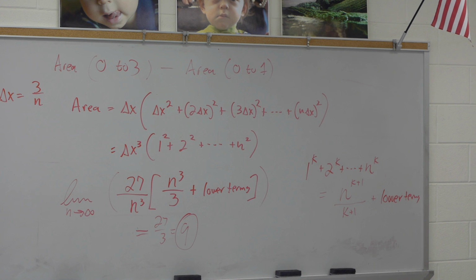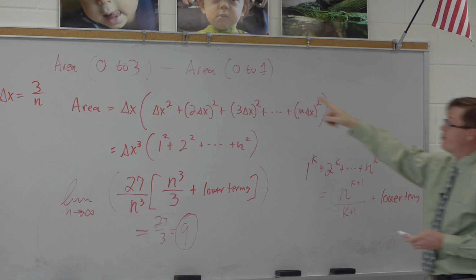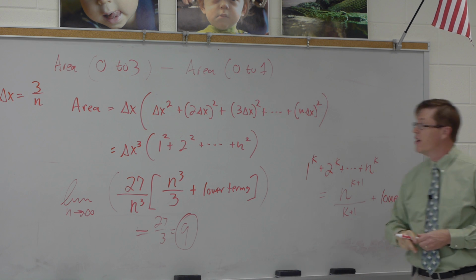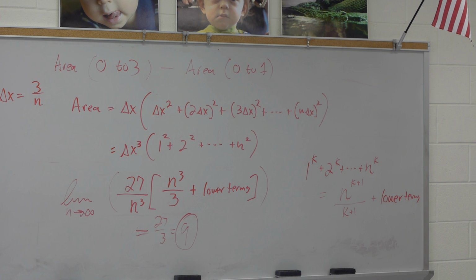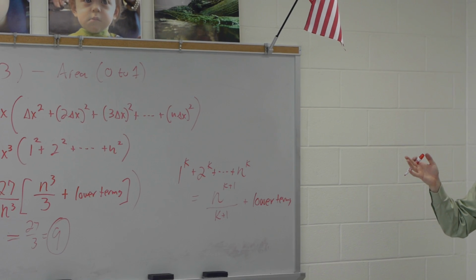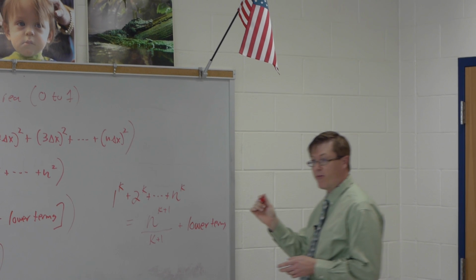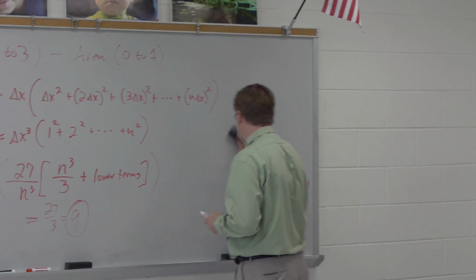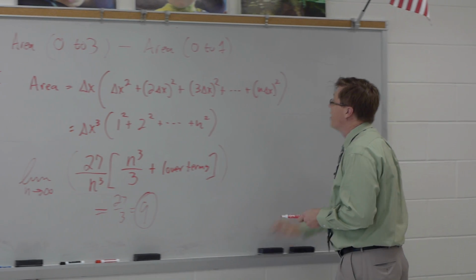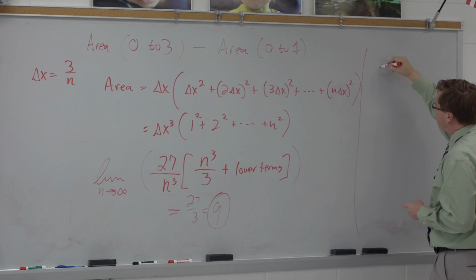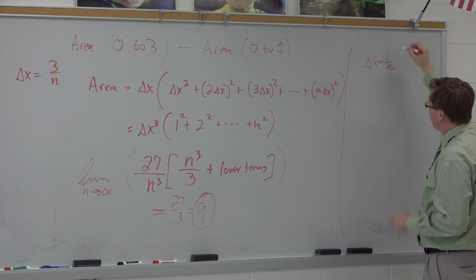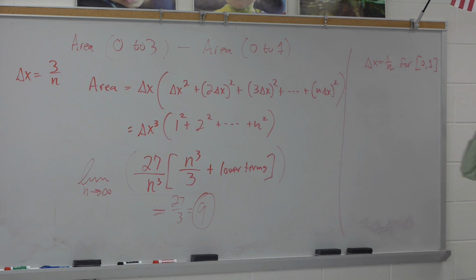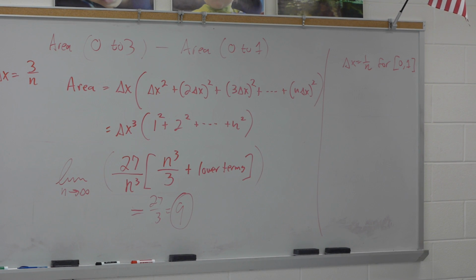Now mentally redo this problem in your head for the area from 0 to 1. What changes if I go from 3 as my upper bound to just 1? Delta x is 1 over n for the area between 0 and 1. What about the rest of the problem?